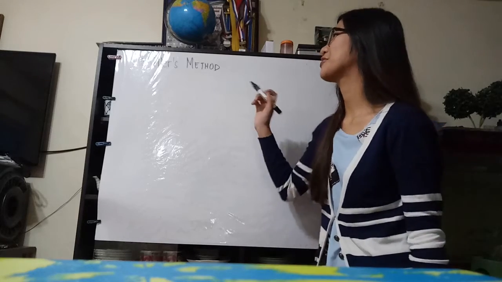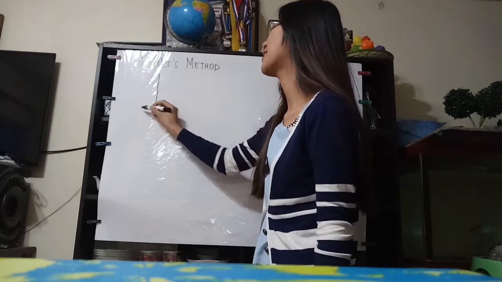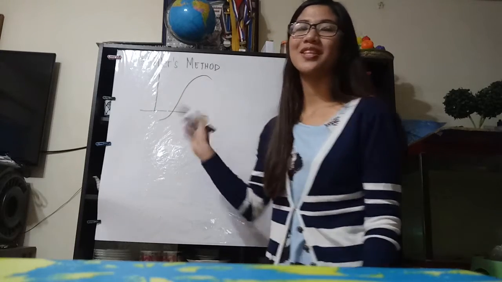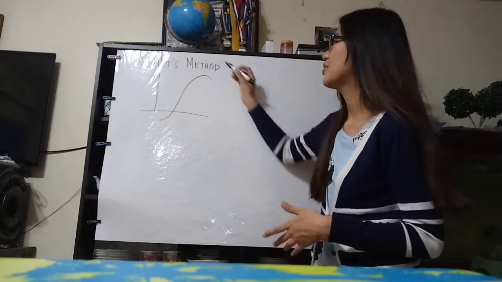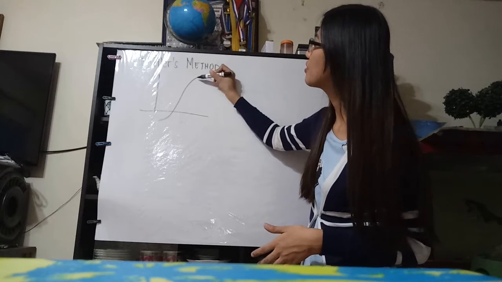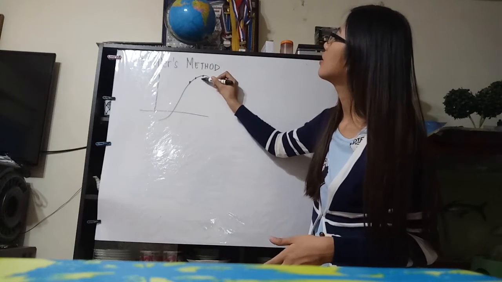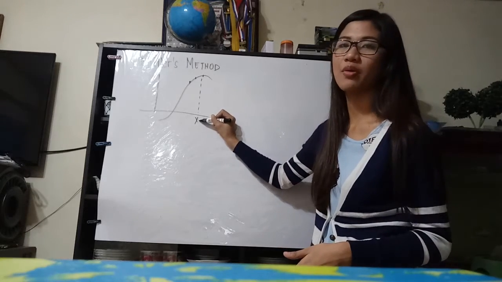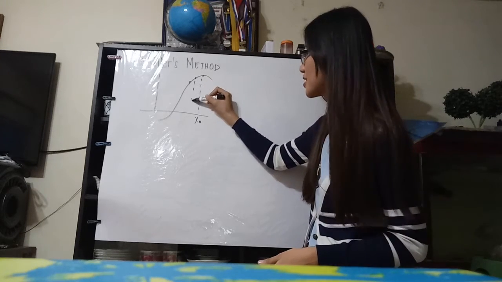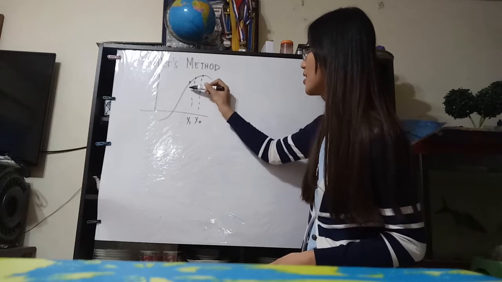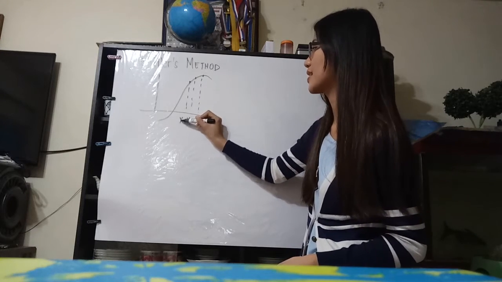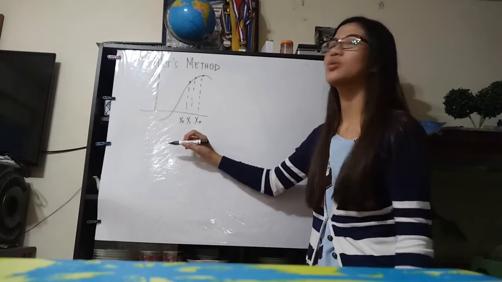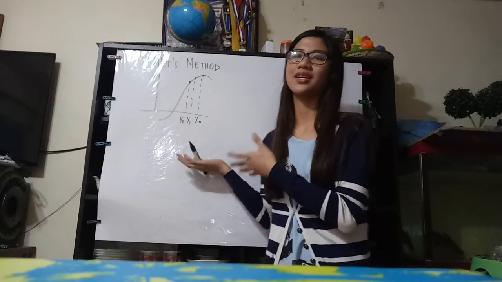So basically, the general idea of Muller's method is that, say we have our function here, we take three initial guesses, 3 points in our function. I'm just gonna draw a line here. This would be denoted as our x0, the next one would be our x1, and then the next one would be our x2. So our x0, x1, and x2 are our initial guesses.